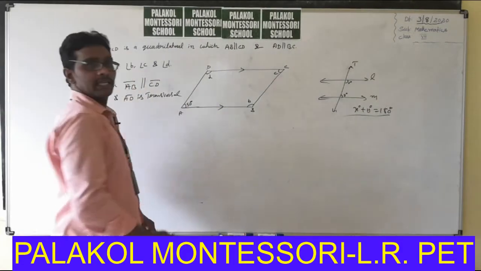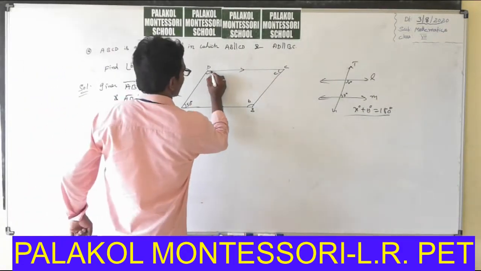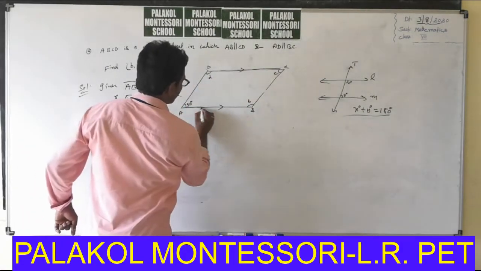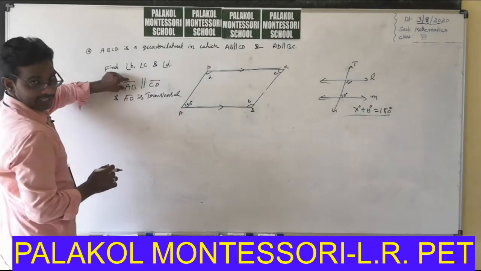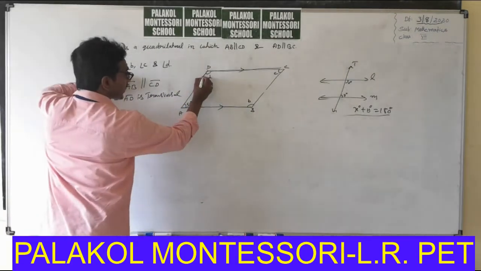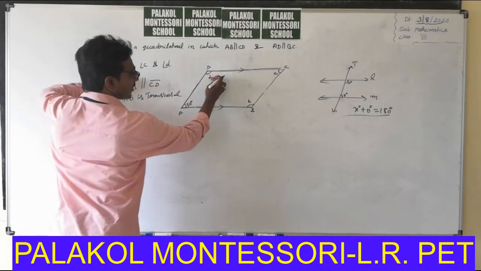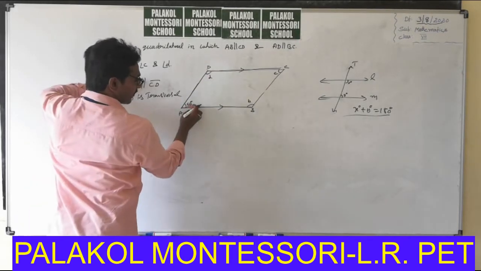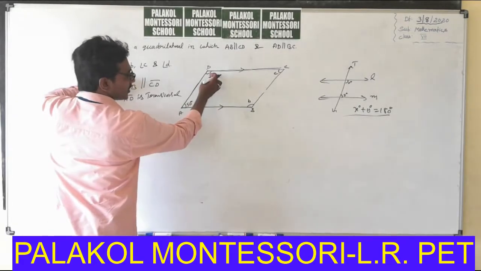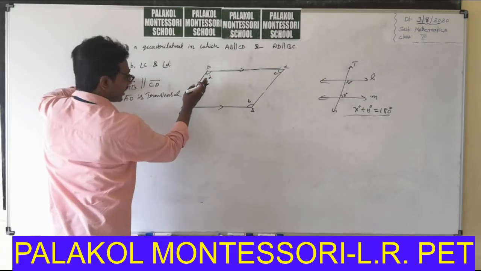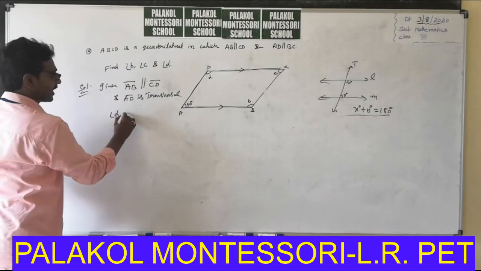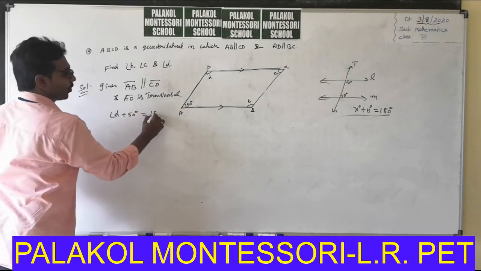Same logic applies here. See, this is one line, this is another line, and these two lines are already given as parallel. This is the transversal, with the inside angle D and the inside angle 50. The sum of these same-side angles is 180, so angle D plus 50 degrees is equal to 180 degrees.